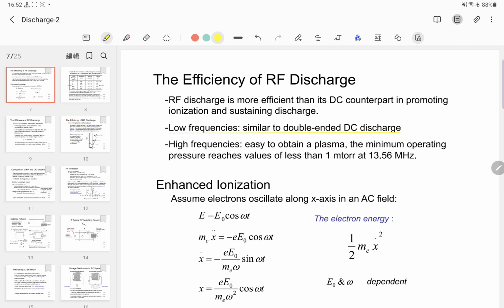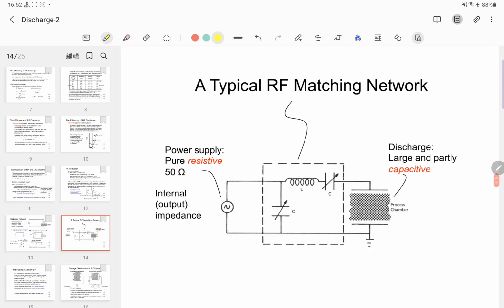Okay. And in order to generate plasma, the most important reaction is electron impact ionization. So in a plasma system, if the electron temperature is high, then the plasma can be generated easily.